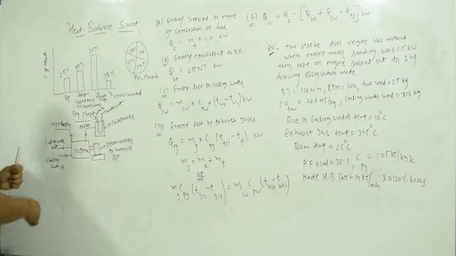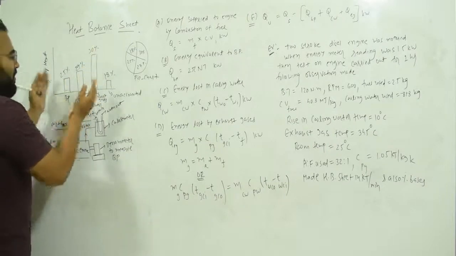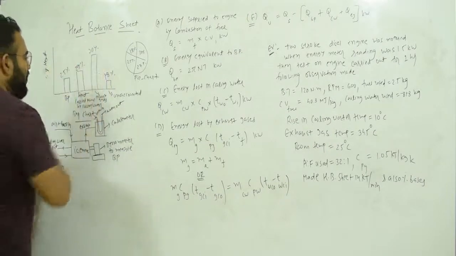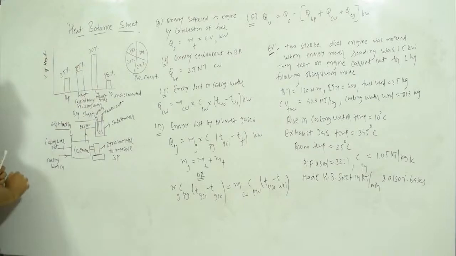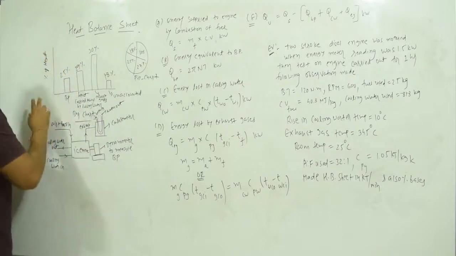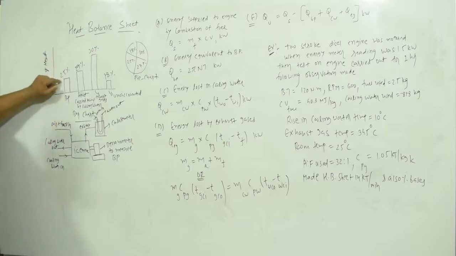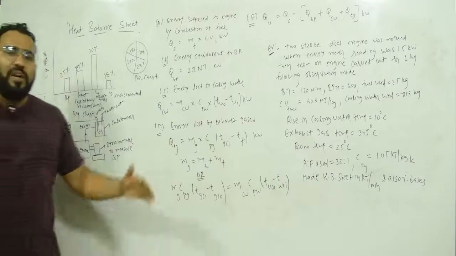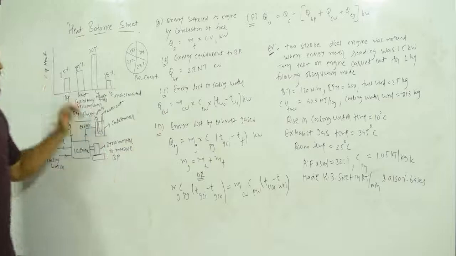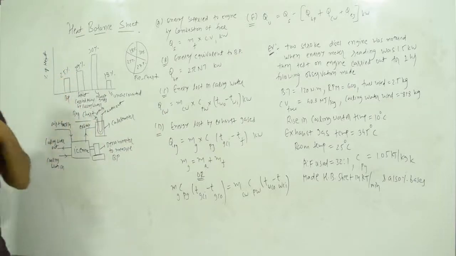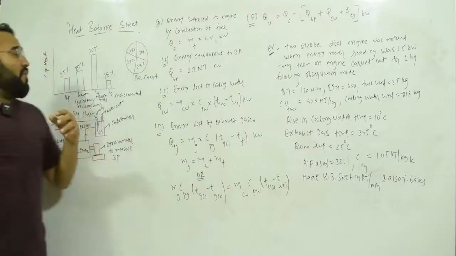Let's say I have made a graph here, which is a bar chart, showing the total percentage. Out of 100% of the energy I give to the IC engine, only 25% is converted to output, meaning the brake power that I required, for which I gave the energy.